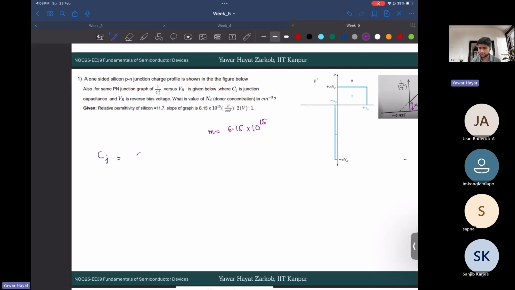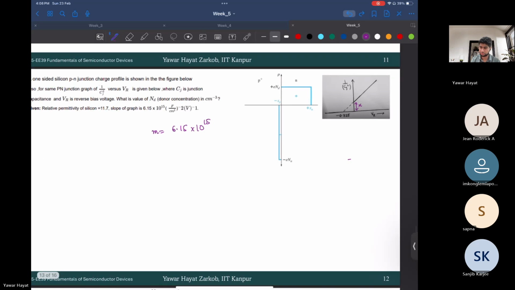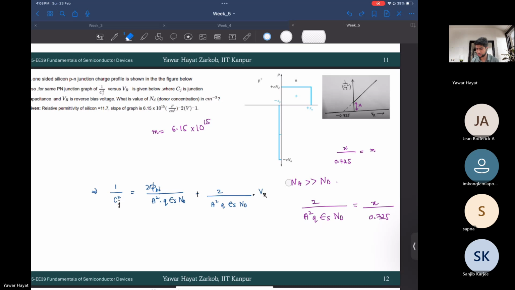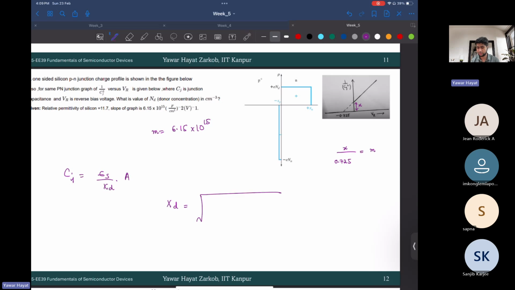Your Cj was epsilon s by XD times A, right? What is XD? Your XD is the square root of 2 epsilon s times phi bi plus VR, divided by q times 1 by Na plus 1 by Nd.